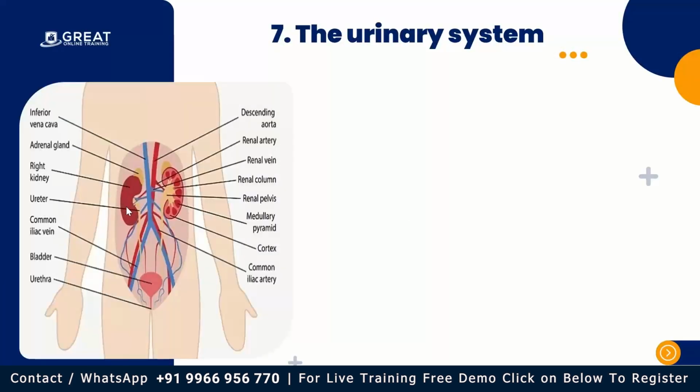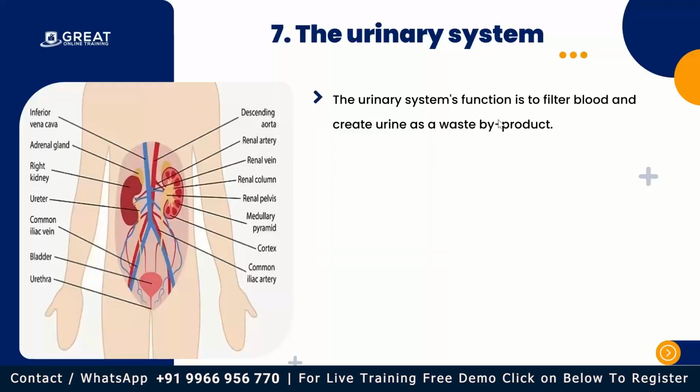It consists of two kidneys, the adrenal gland, bladder, and urethra. Kidneys, bladder, urethra, and ureters are the main parts of the urinary system. The urinary system's function is to filter blood and create urine as a waste byproduct.